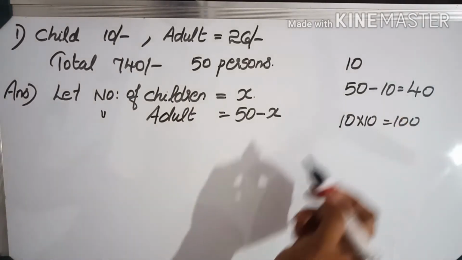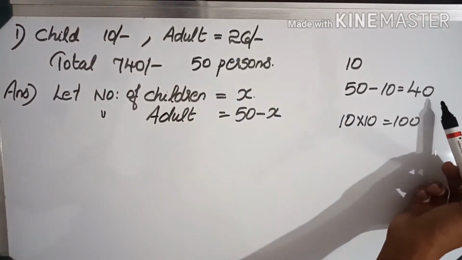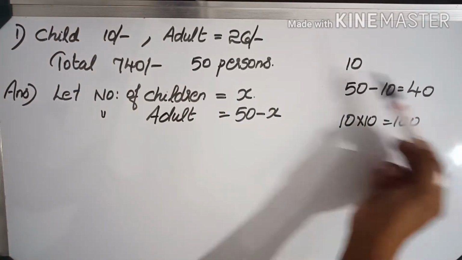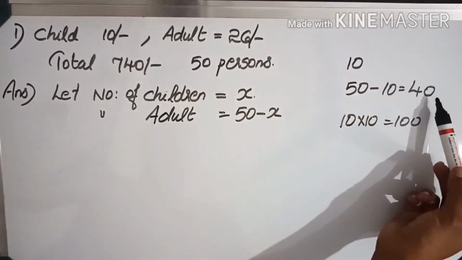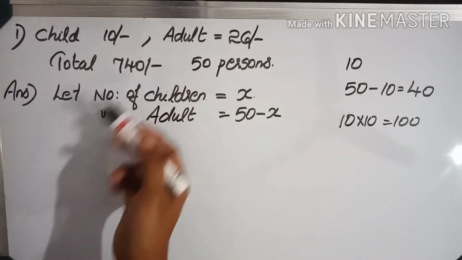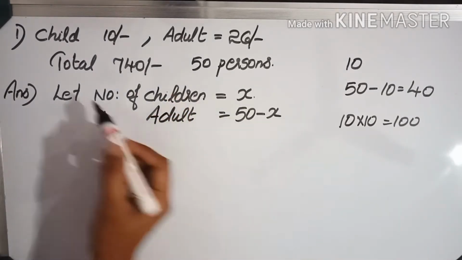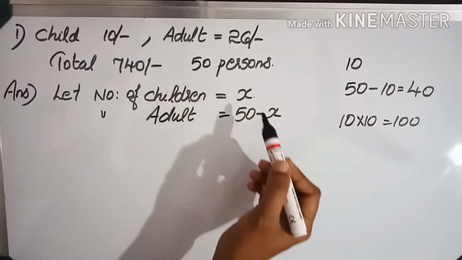Then the amount from 40 adults: for one adult it is 26 rupees, so 40 adults will be 40 into 26. Like that we will get 740 as the answer. So here we have to find the total 740 in terms of x.